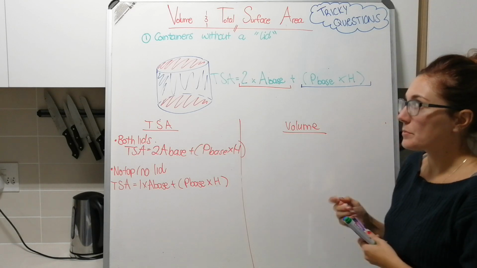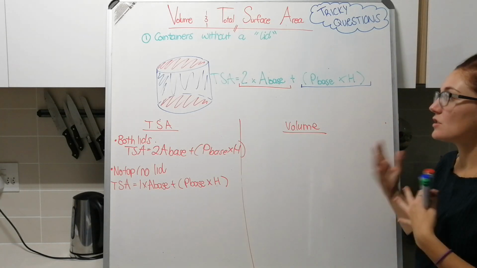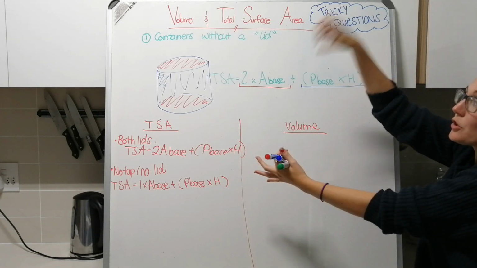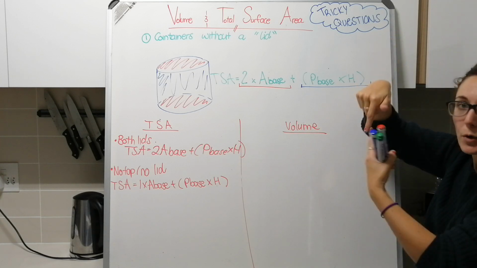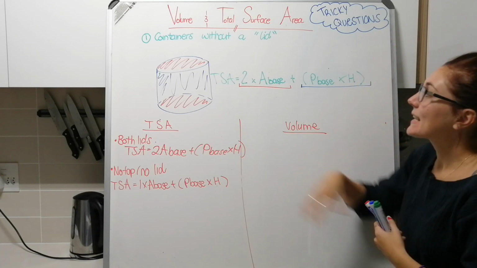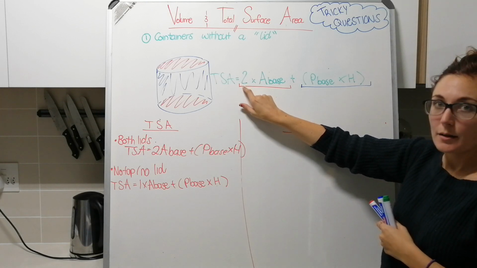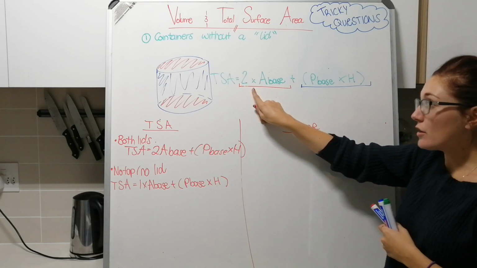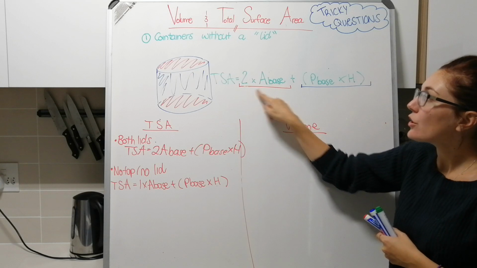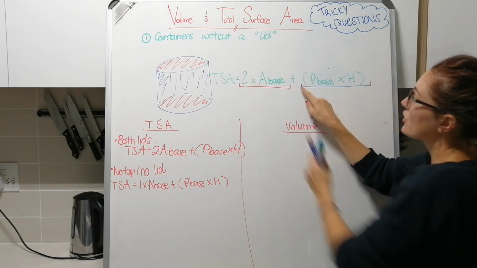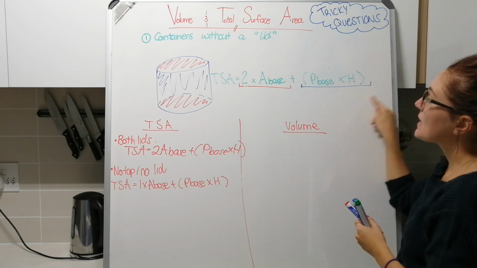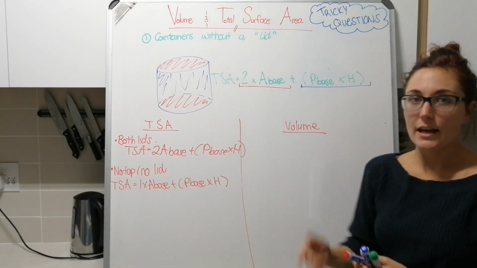Okay, and then our third option, this very, very seldomly comes into play, but the third option is if you don't have a top or a bottom, so that would be like a toilet paper roll. Okay, no top or bottom, just the sides. In that case, we would have no lids, right? So it would be 0 times the area of the base, and 0 times anything is 0. So this whole term would fall away, and our total surface area would just be the wall around the outside of the container.